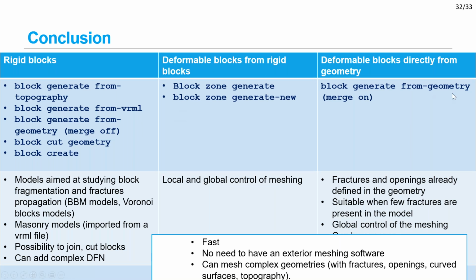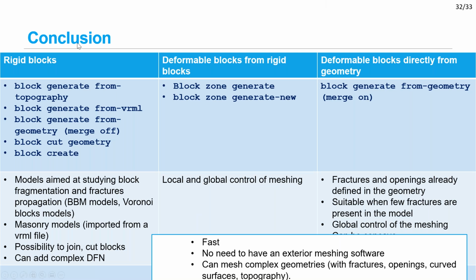And then the third option is deformable blocks, not directly from this command, but as a second step after generating the rigid blocks. This can be done with block zone generate or block zone generate new, which allows us to have local and global control of the meshing.